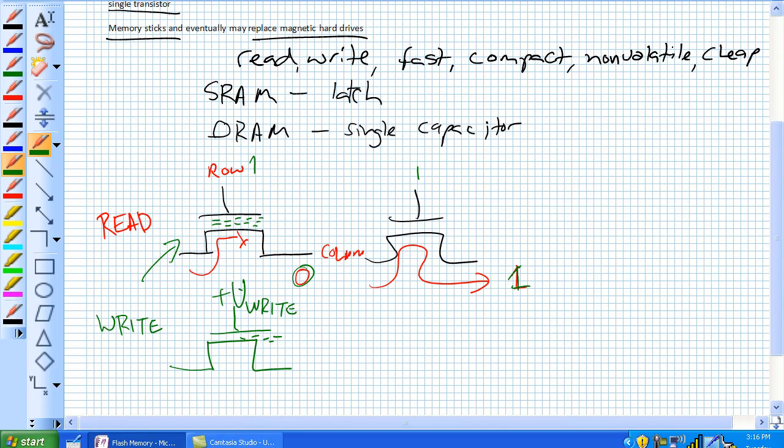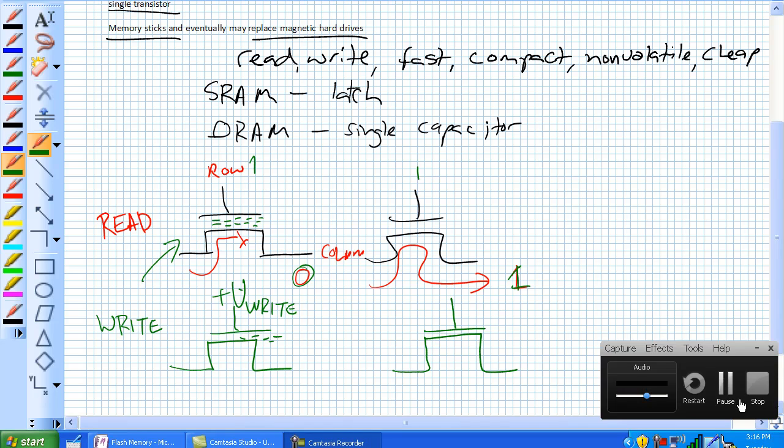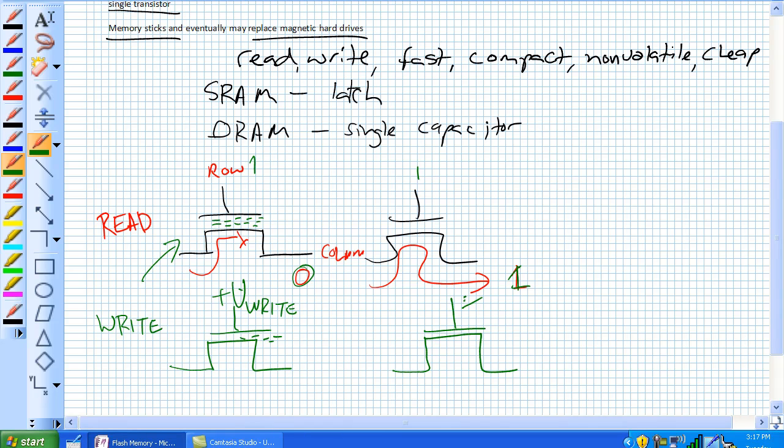If you want to write a 1 to it, there's no charge, no V write is added there, so the naturally occurring electrons will appear between those gates. There's a 1, and once you go up here to read this thing, when you place your V read, which is a lower voltage than your V write, you can go ahead and conduct.